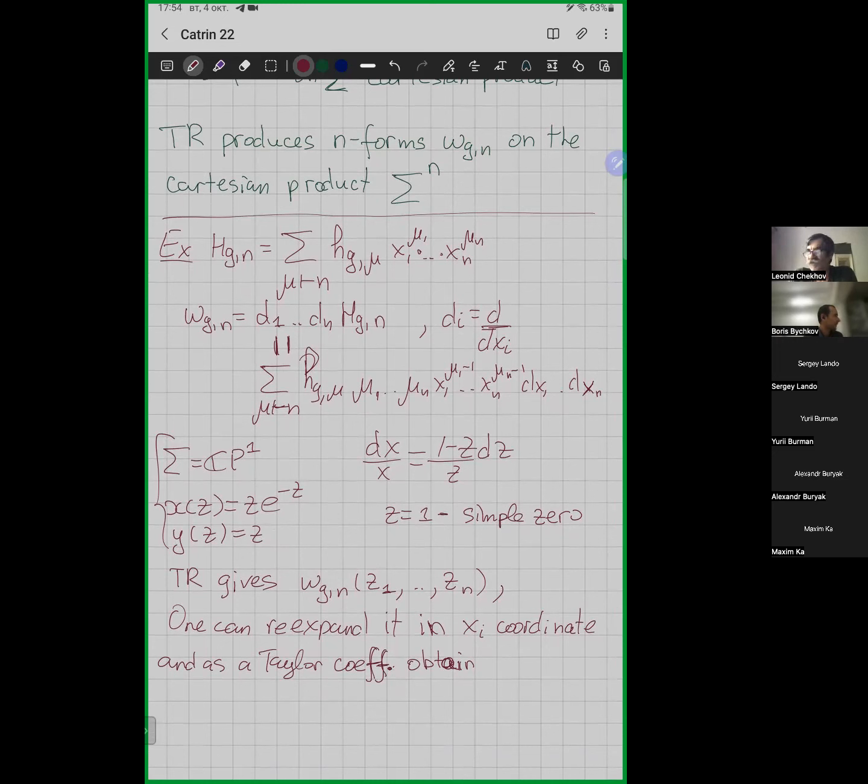Let's think about the genus zero part of topological recursion. We need to consider that genus zero is the highest term in topological recursion, right? That's basically what we might expect.